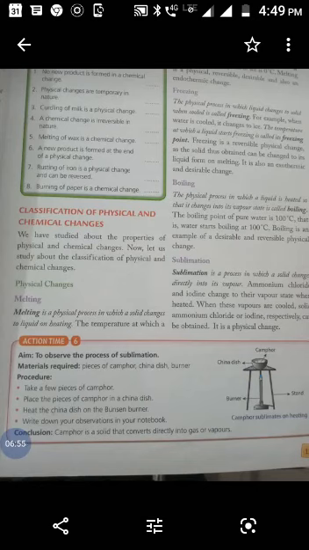If we heat it, what will happen? What is the observation that you can see? The camphor was previously a solid, but when we give heat to it, it directly changes to gas or vapor. So this is the process of sublimation.